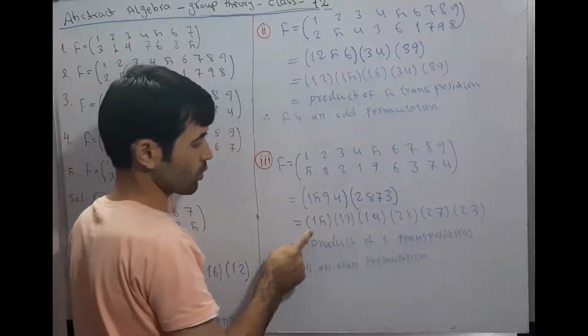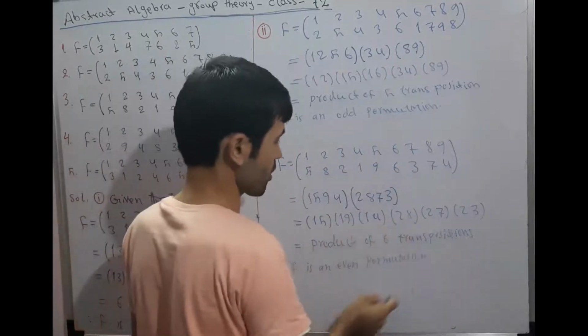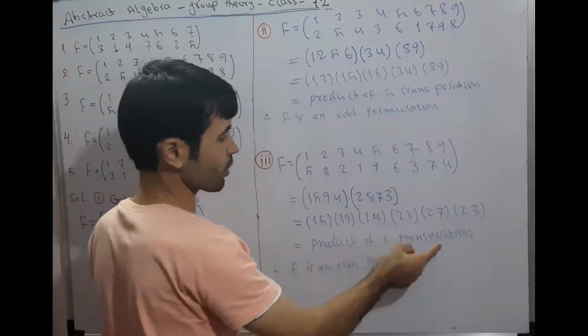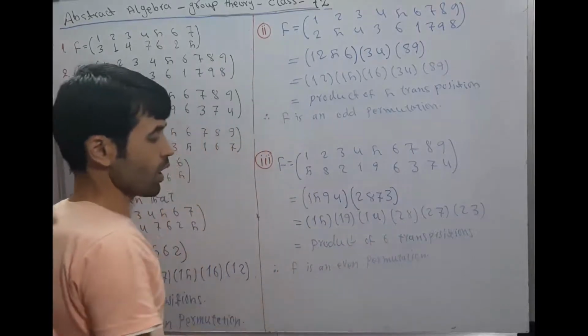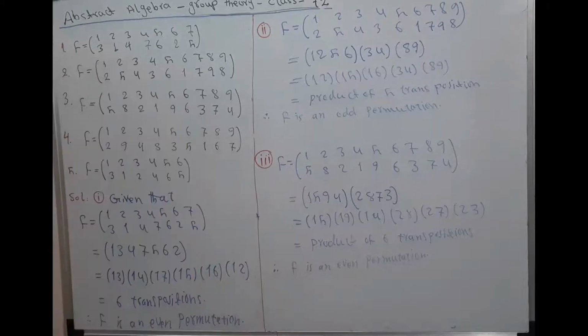If we count, 1, 2, 3, 4, 5, 6, it is the product of 6 transpositions. Therefore, f is an even permutation.